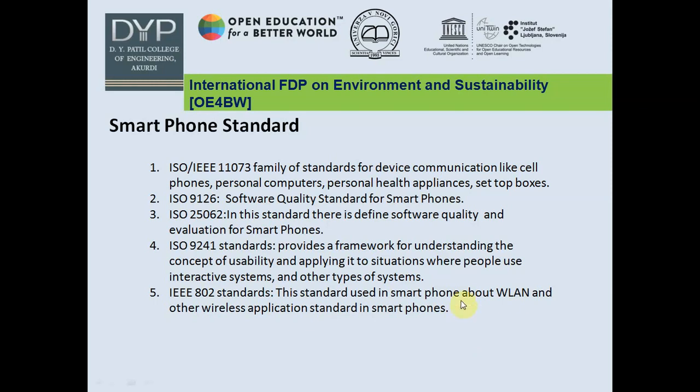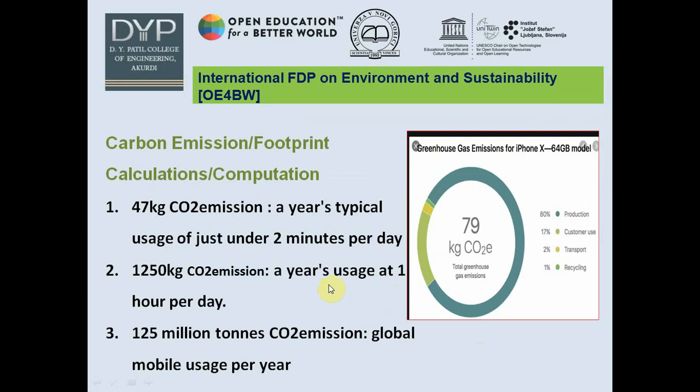Then we discuss the carbon footprint calculations. When we define a survey about the carbon emissions of a smartphone, suppose we use the smartphone for 2 minutes per day, we calculate that per day 2 minute usage of the smartphone over 1 year.